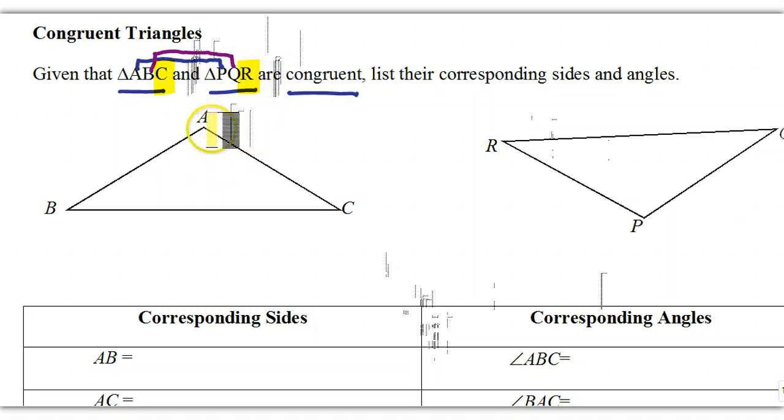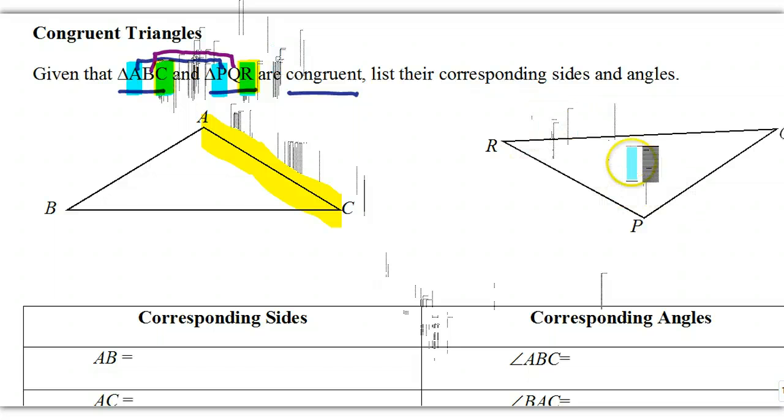So if I look at the side AC, where will AC actually correspond to? If you look at the figures here, AC, you find that A and C will correspond to P and R. So I know the side AC corresponds to the side PR.